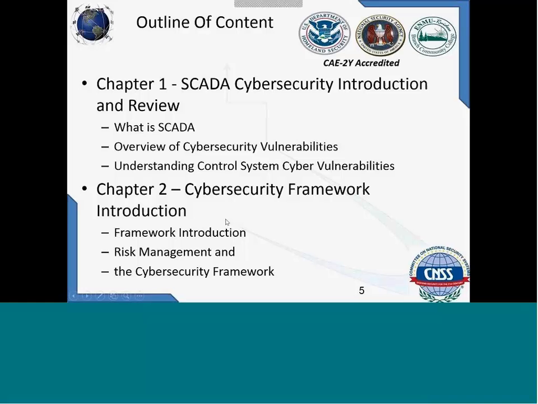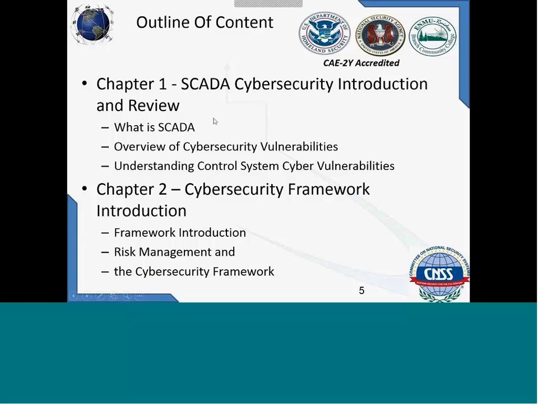One thing I'll talk about later is that the framework and the executive order do not require an organization to be at tier 4. But again, we'll talk about that in a few minutes.